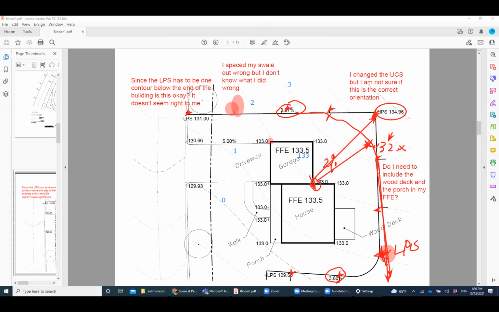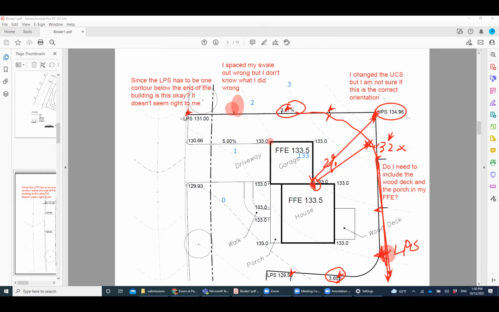Also, should I orient all the text so that it's the same direction? Because right now the numbers I added are horizontal, but the labels are diagonal. So should I change that so that they're all the same direction? So there are 2 ways. Normally, you don't change the north being straight up.